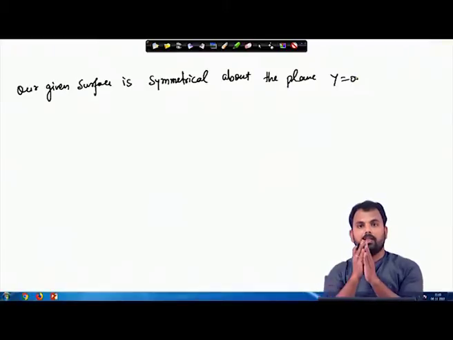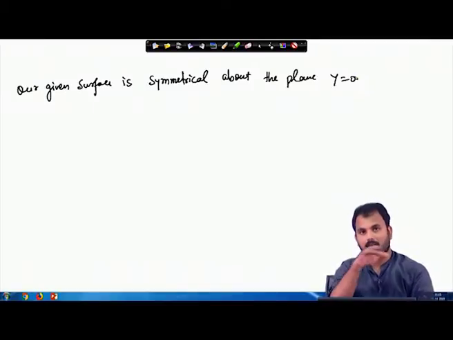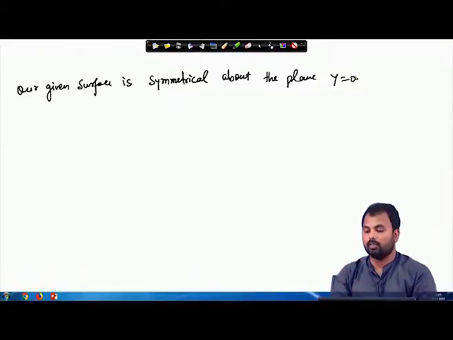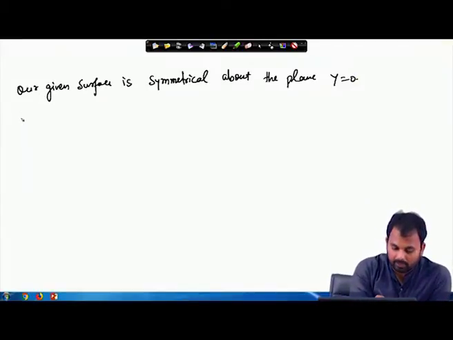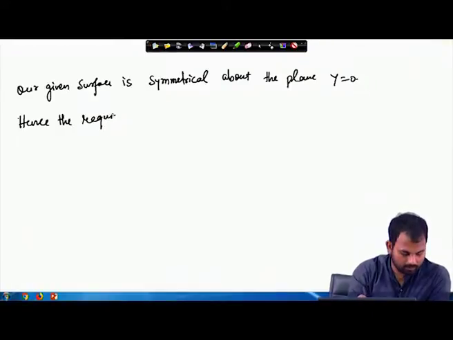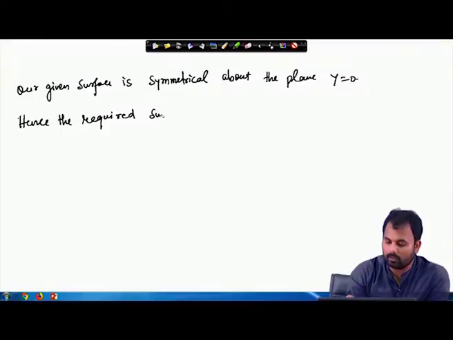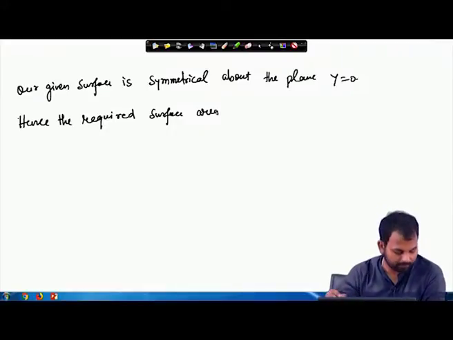That means the cylinder lies on both halves of the plane y equals 0, symmetrical on both sides. So for the required surface area, we will take the projection on the xz plane.